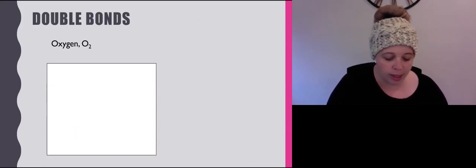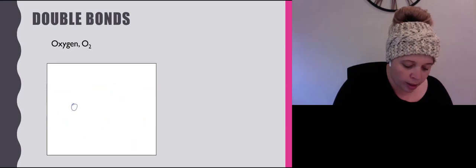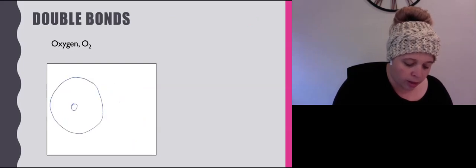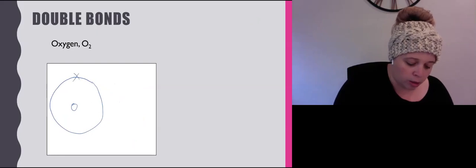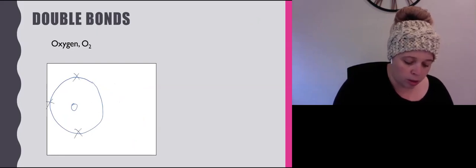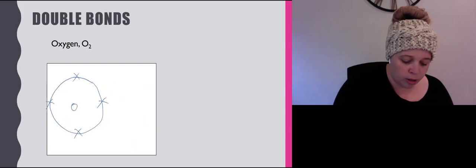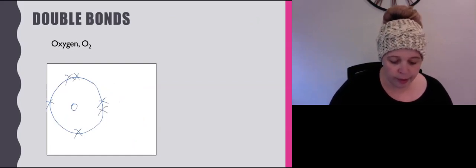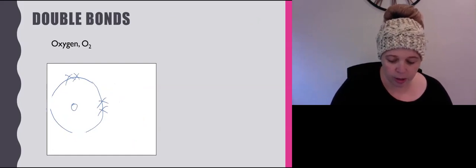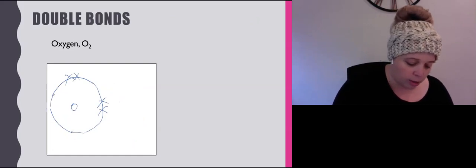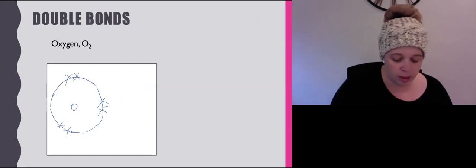So what we do instead is each oxygen atom can actually share 2. 1, 2, 3, 4, 5, 6. Now I'm going to put these 2 together in a second just to show us that they should be closer to each other. 1, 2, down here. So now we're going to try and share 2.